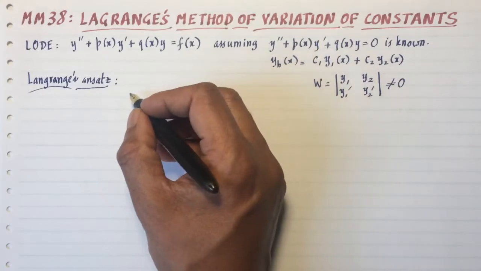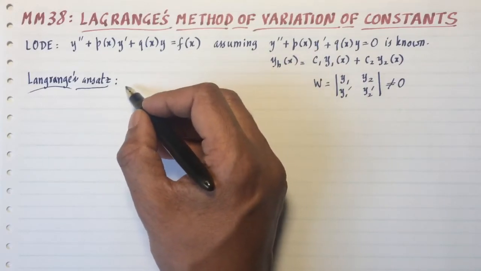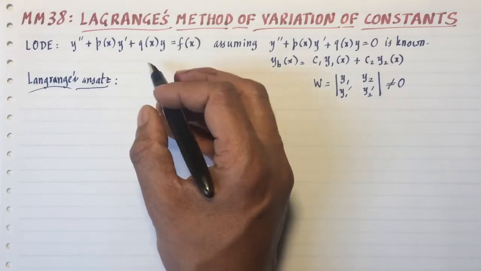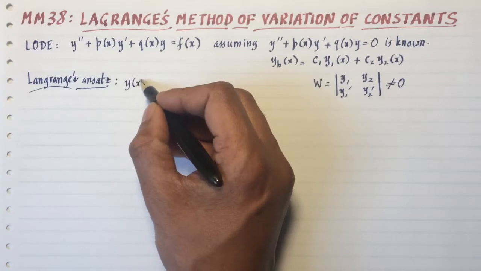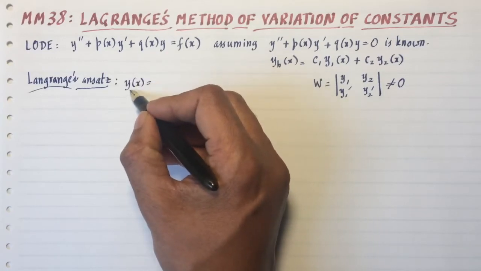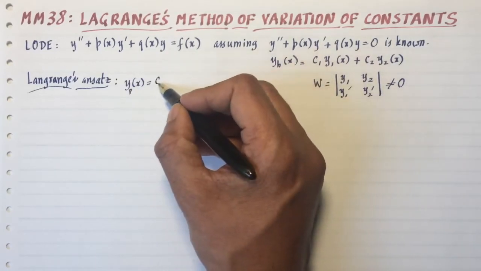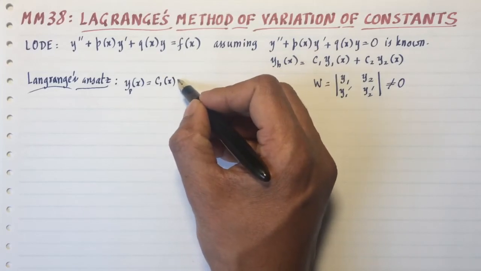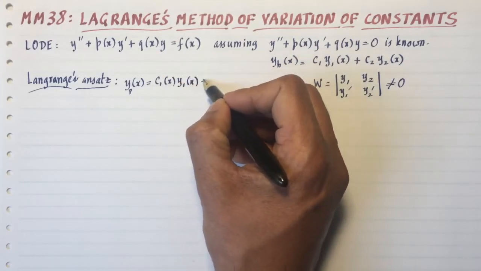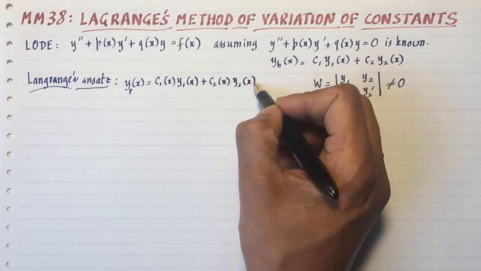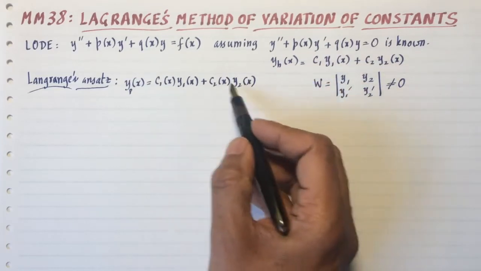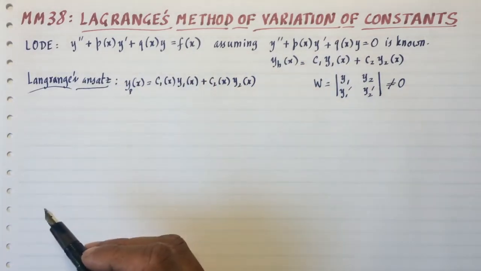So the purpose of this video is to find those conditions and perhaps explore a simple example. So Lagrange's ansatz is that the particular solution yp of x must be c1 of x y1 of x plus c2 of x y2 of x. And this is supposed to solve the full non-homogeneous equation.